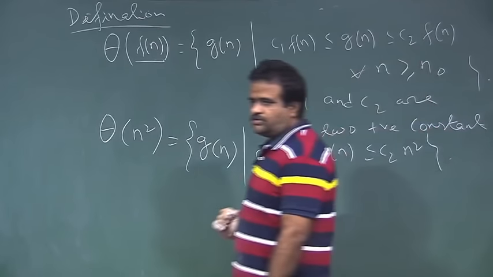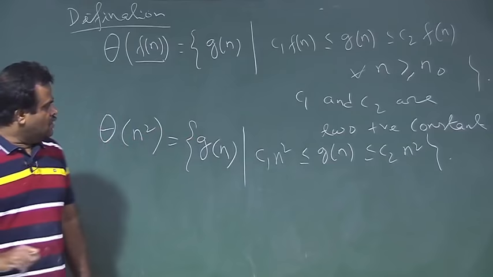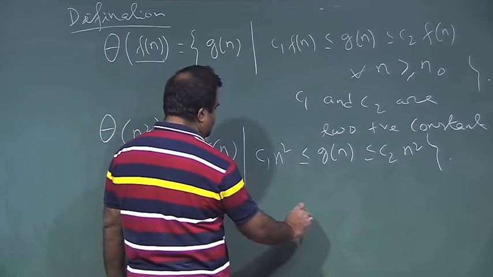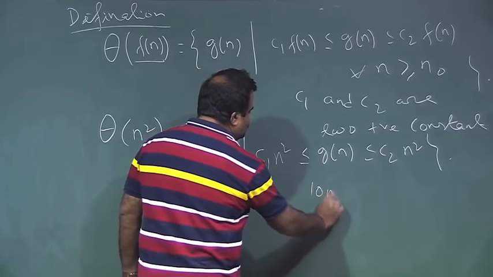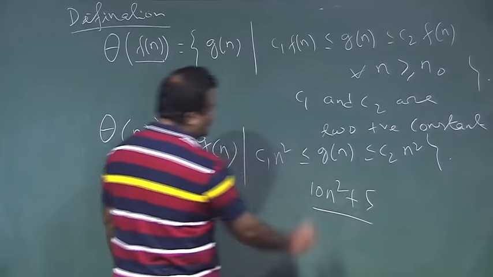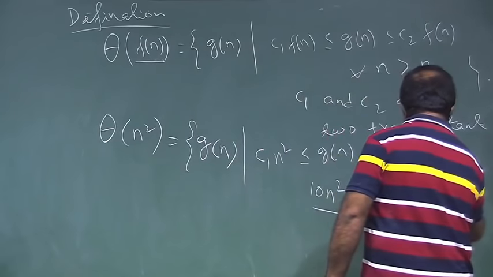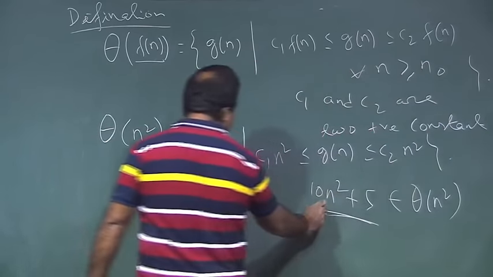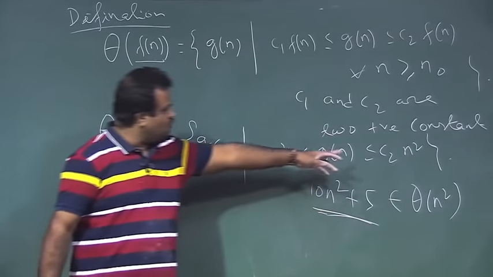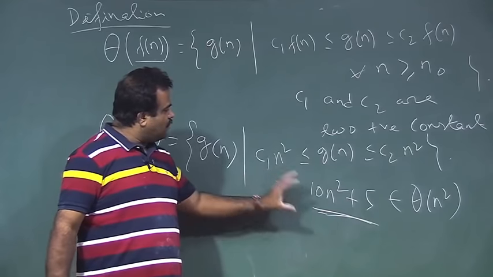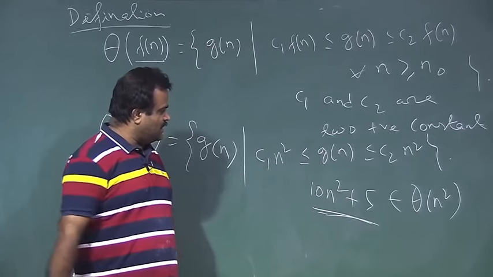So, for example, if we have 10 n square plus 5, this belongs to theta of n square, because we can always choose c2 and c1 so that it is bounded on both sides.